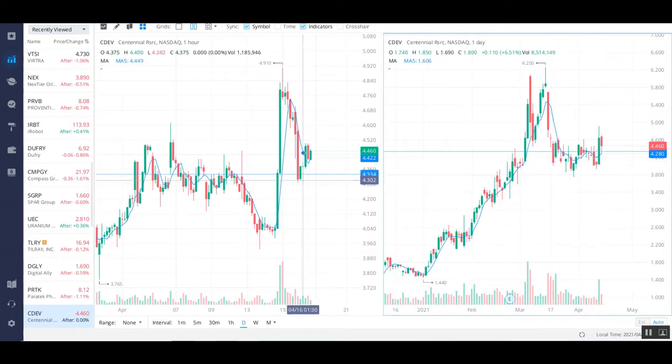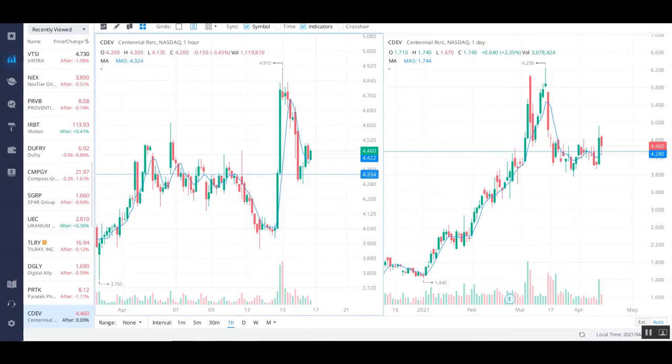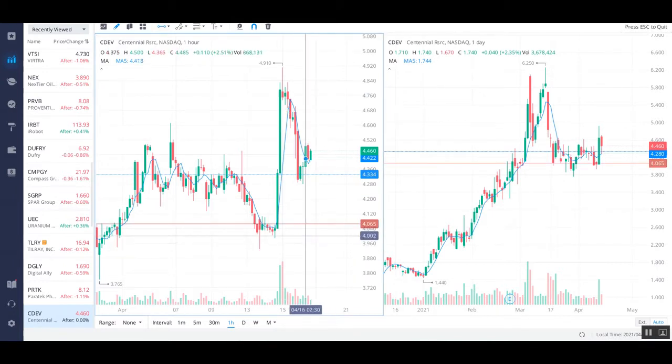So this is a good opportunity to buy into weakness. We're looking at the breakout level here, 4.34, or another level which is here, or worse, a double bottom.